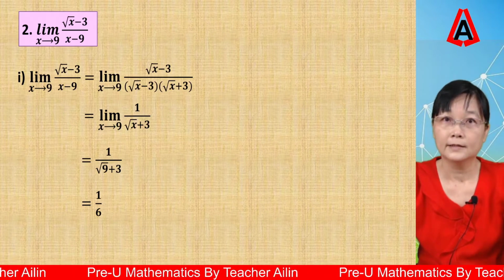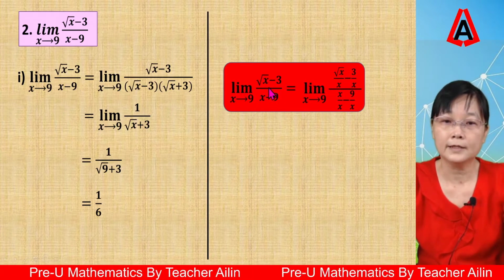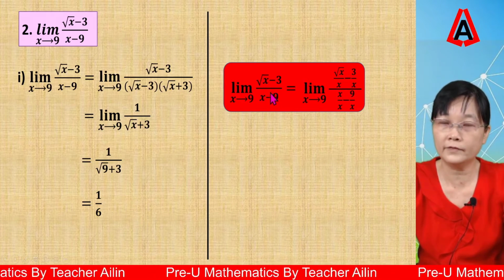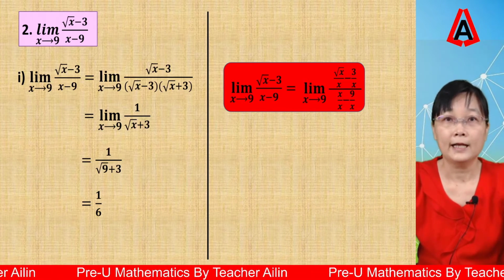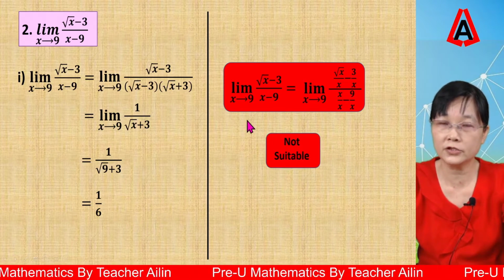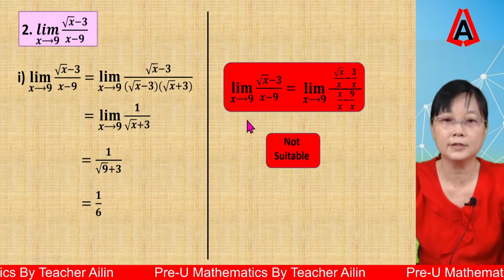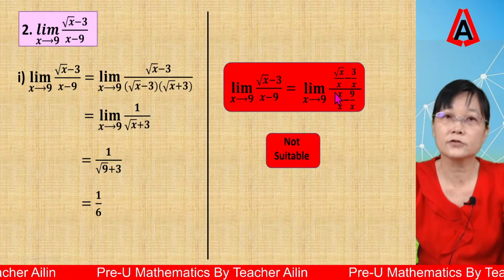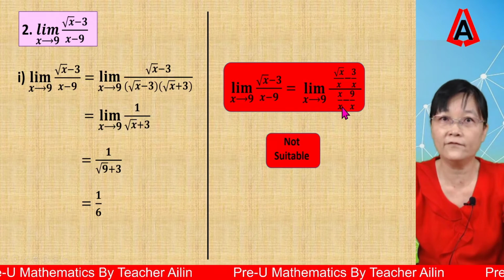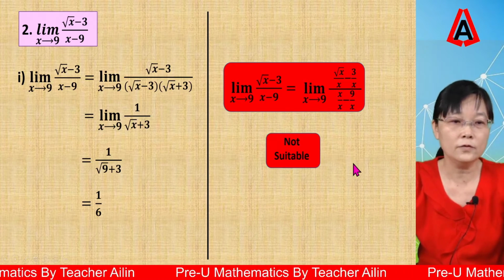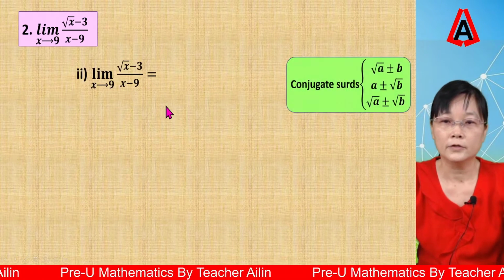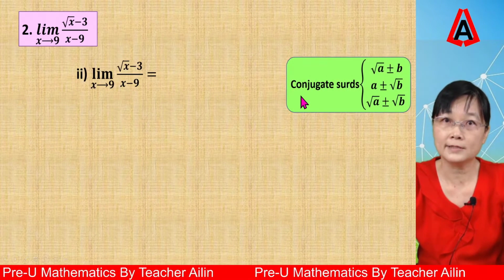Then for the second method, divide each term with the highest power of the denominator, actually it is not suitable to find the limit of a function to a point. This method is suitable for finding the limit of a function to infinity. So, for the second method, I am going to use the conjugate surd.